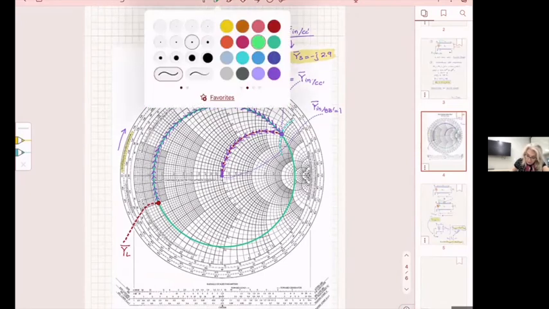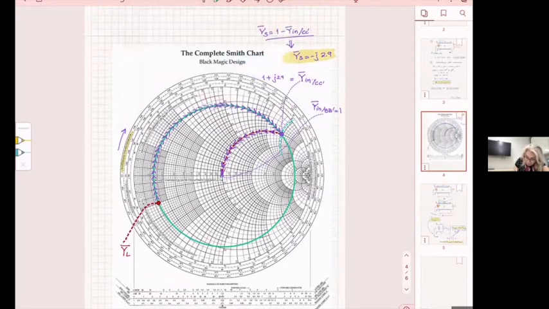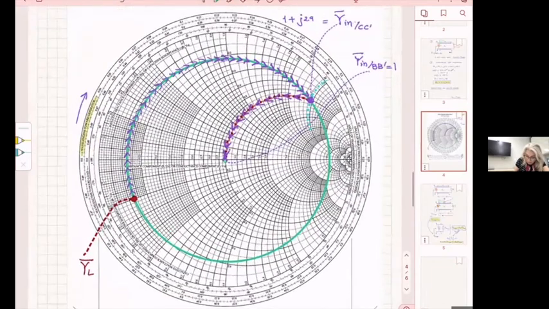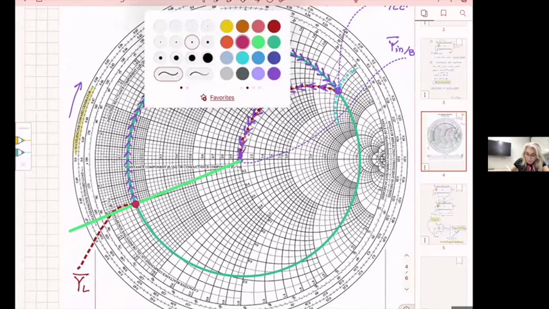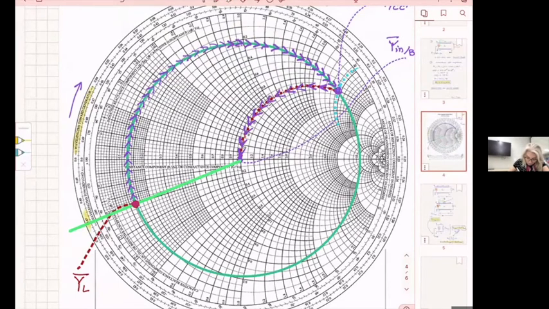Make it like this. I'm connecting this point here, the center of the chart, with the red point. And I find where I am on the yellow rim. The yellow rim means this one. And in fact, where I am there, it should be close to 0.47.